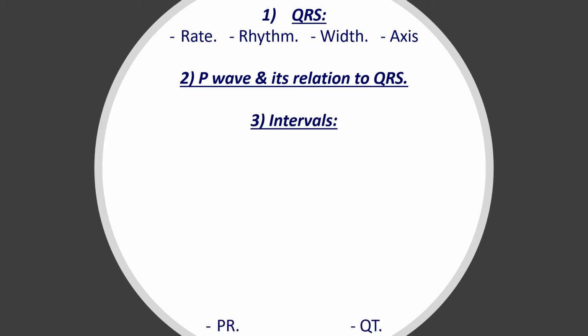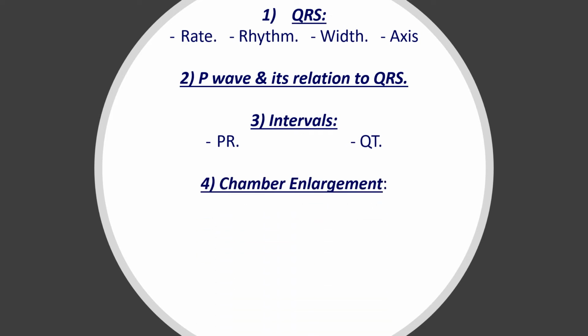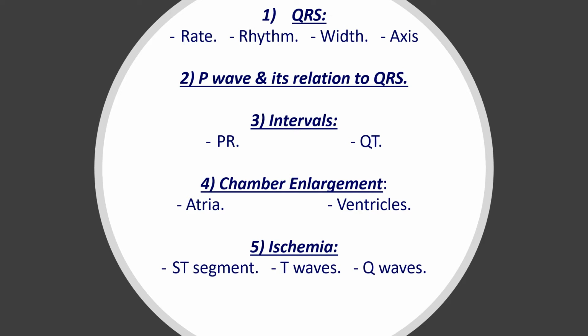Then you check the intervals, that's the PR interval and the QT interval. Next is to check for chamber enlargement, including both atria and ventricles. And then you check for ischemia, that's going through the ST segment, T waves, and the Q waves. And lastly, anything else. This is the approach that you should use dealing with adult ECGs and pediatric ECGs.